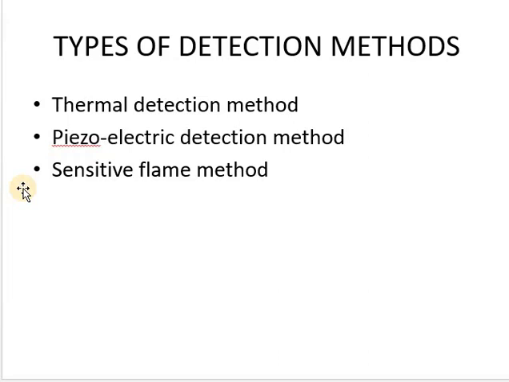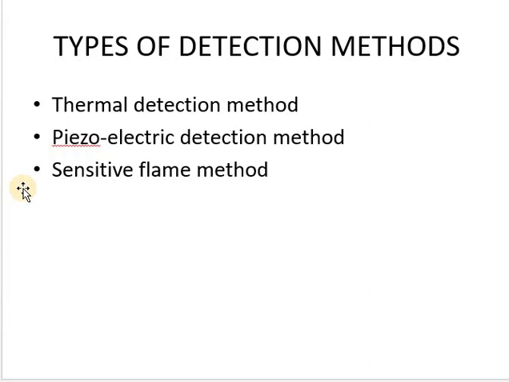Suppose we allow a sensitive flame to move along a medium. If an ultrasonic wave is present, at the position of the nodes the flame keeps steady because the pressure is low. But at the position of the antinodes, the flame flickers because there is a change of pressure.